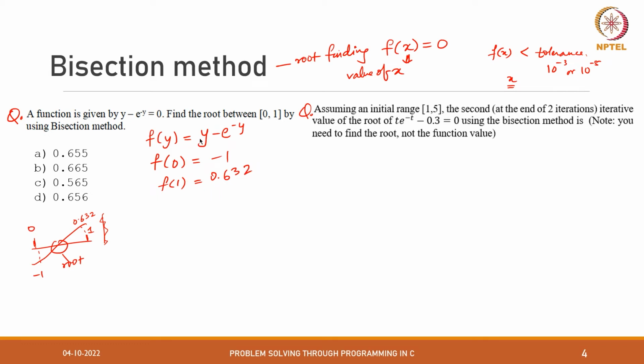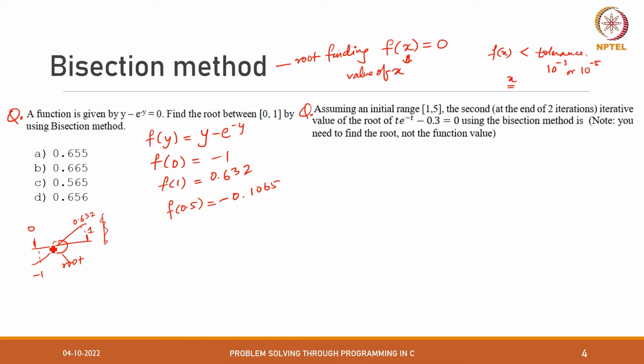Now in the bisection method, we have calculated the values at 0 and 1. Next we calculate the value at 0.5, that is 0 plus 1 by 2, the bisection of these two points. The value of this function at 0.5 is roughly minus 0.1065, which is again negative.